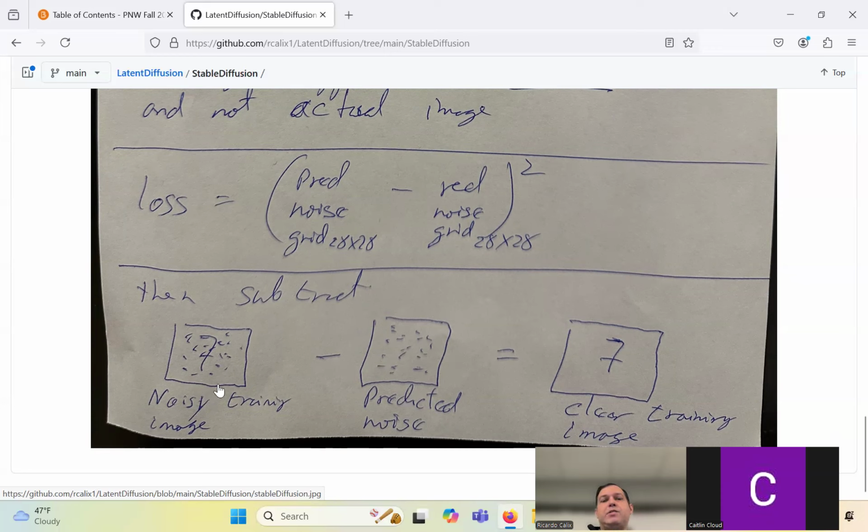All right, yeah, go ahead, please. So one of the things it says is that we don't process the real image. We make a compression of it.